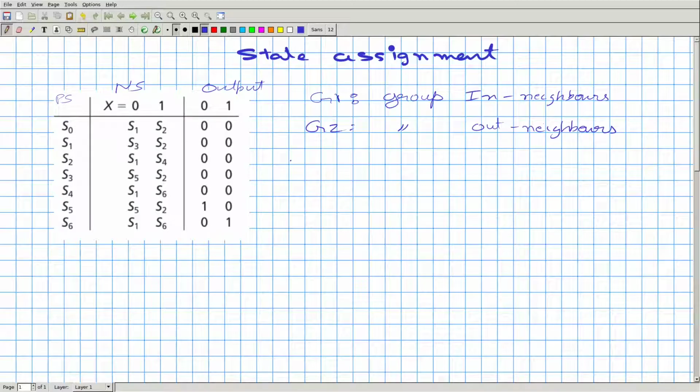And there was a G3 that group states that have same output for same input, but this is lower priority, and this is for making the output expression simpler.